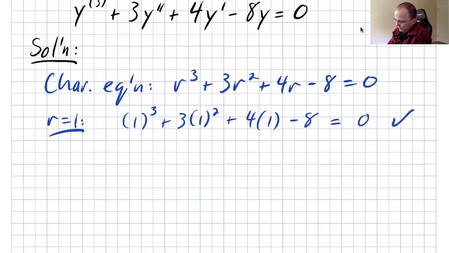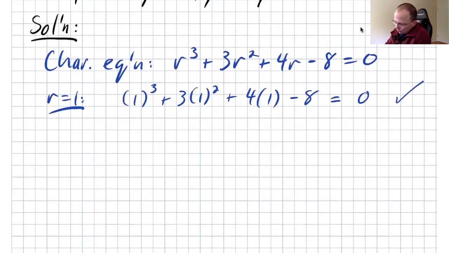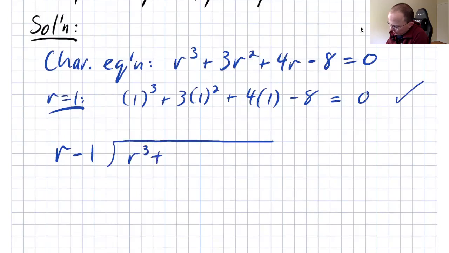So that means r equals 1 is indeed a root of this polynomial. So we can then divide r minus 1 out of this polynomial. So we can do some long division here, and this will give us the other factor.